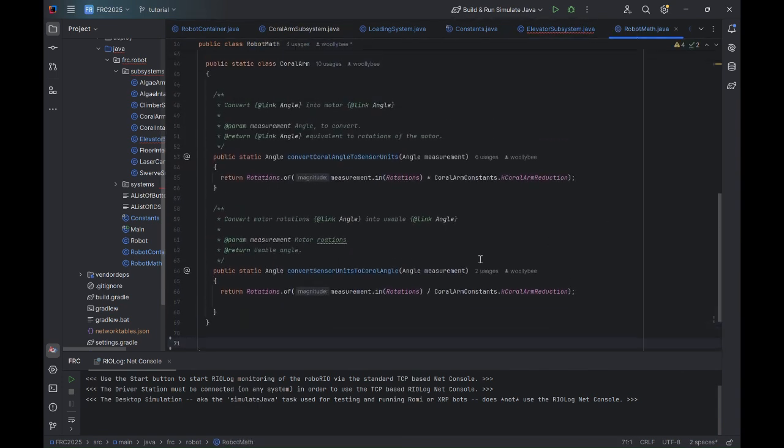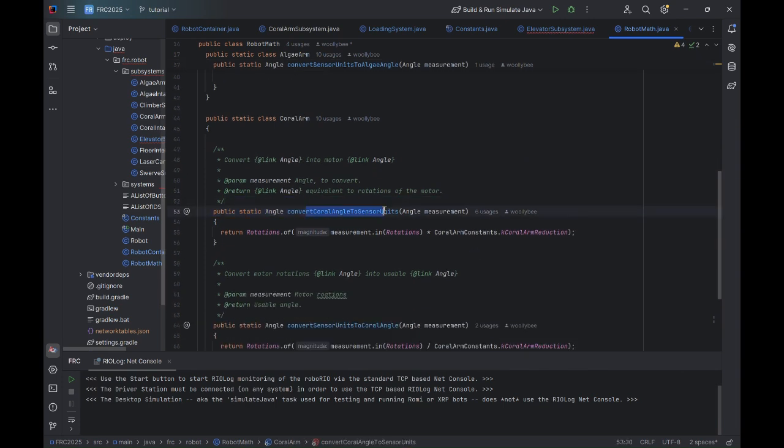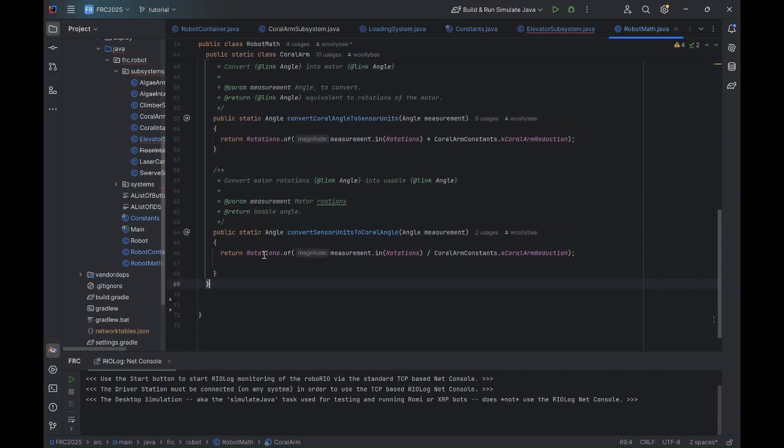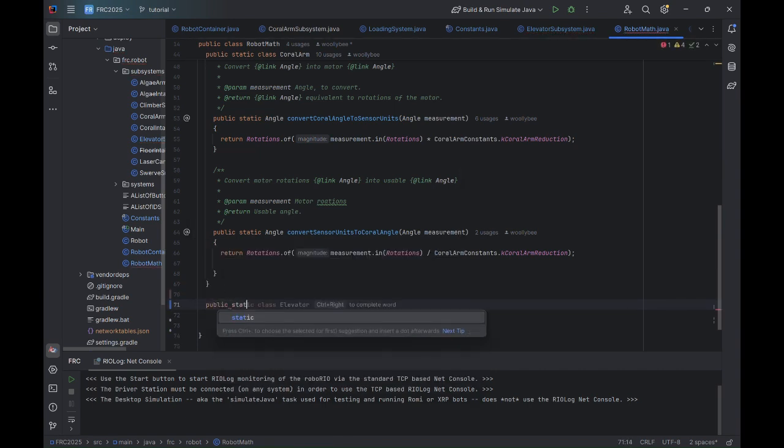And in robot math, we have convert angle to sensor unit, where we just need to put the arm reduction here, and this one is convert sensor unit back to angle. So it's the opposite. We are going to do the same. We want it either to be in rotations or the linear distance. So let's first do rotations to distance, because we have to have both of them.